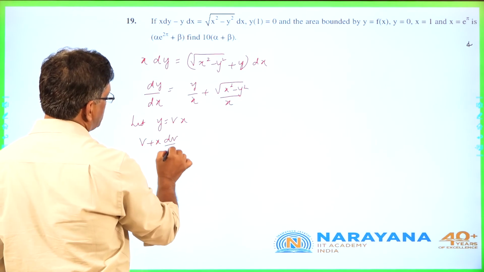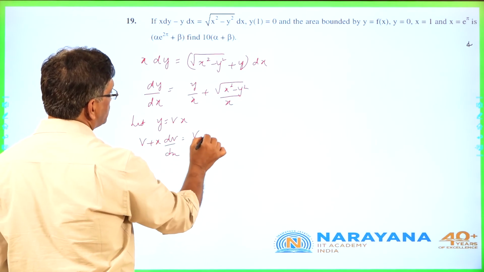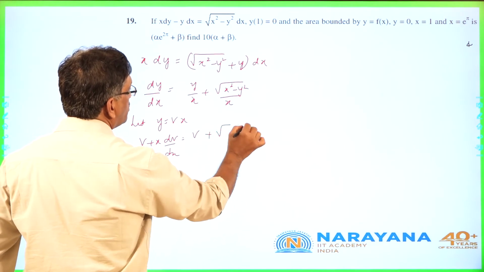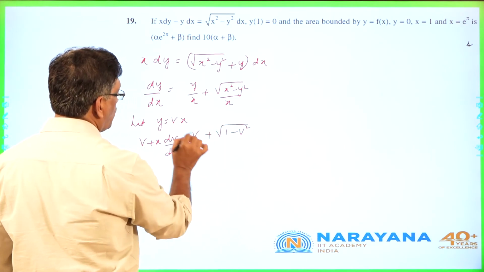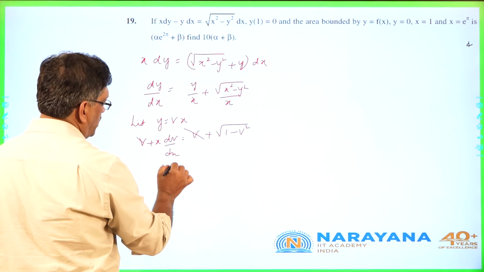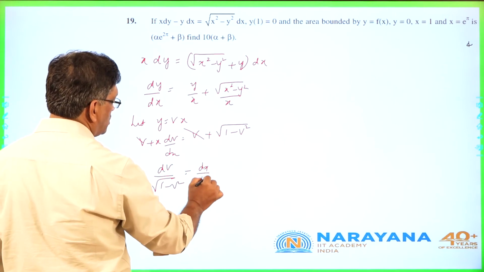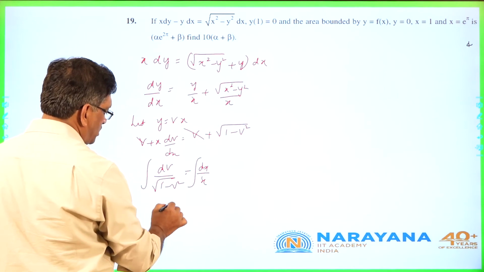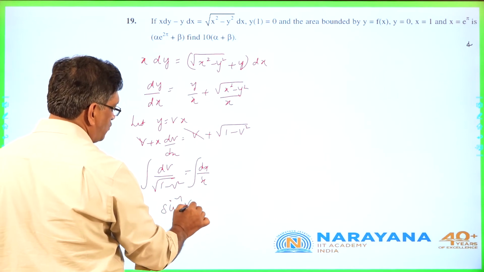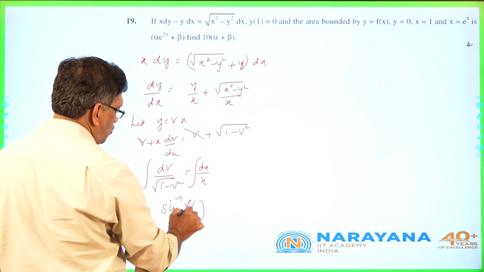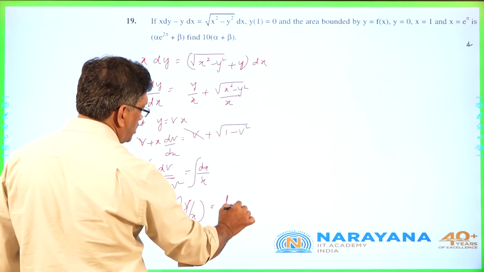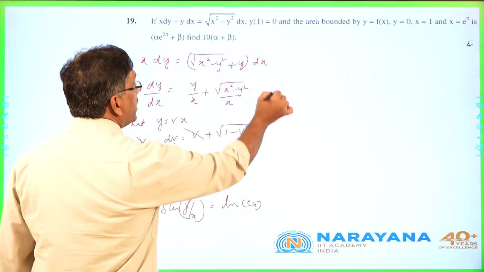So, v plus x dv by dx is equal to v plus root of 1 minus v square. It is a variable separable form, dv by root of 1 minus v square is equal to dx by x. It is sin inverse v equals log x plus c. v means y by x, so sin inverse y by x is equal to log cx.